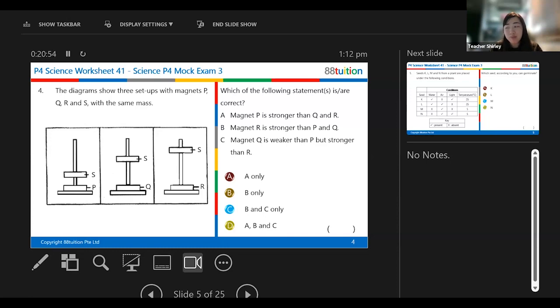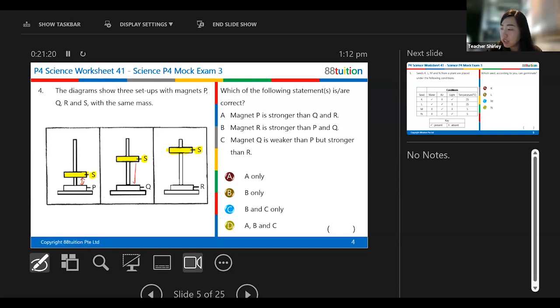So this one is on magnets. How do we determine the strength? Okay, let's have a look. If you notice, all 3 setups have one similarity. The similarity is that all of them actually have S on top. And all of them are actually undergoing a repulsion.